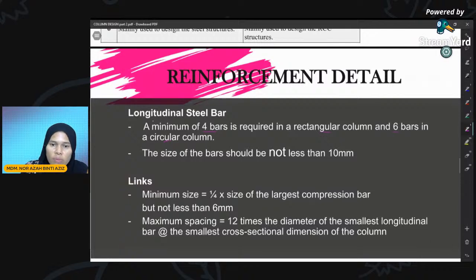And the minimum size of bar is 10 millimeter. That is the requirement for the main bar.